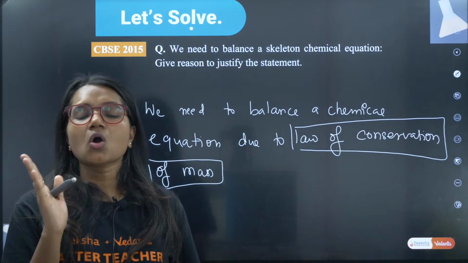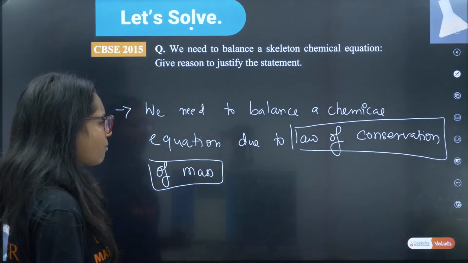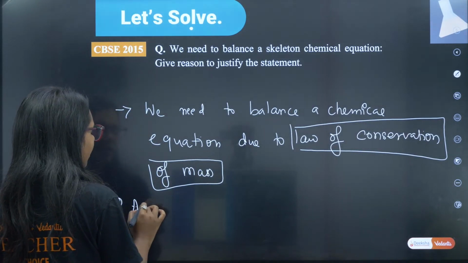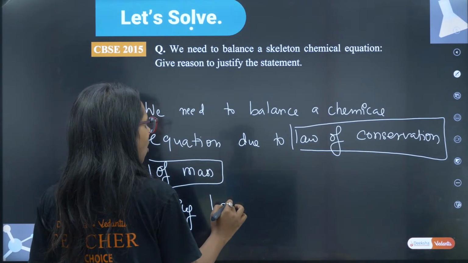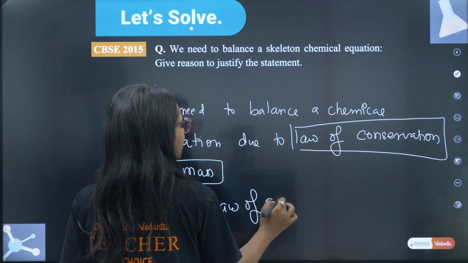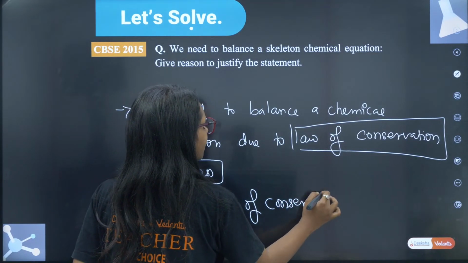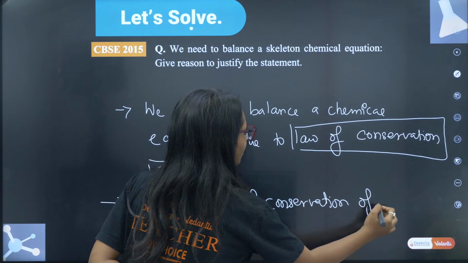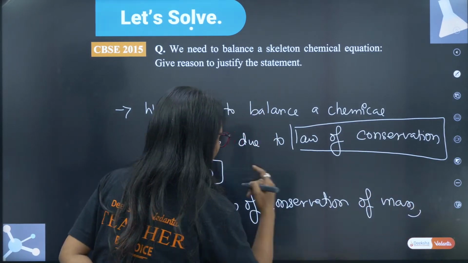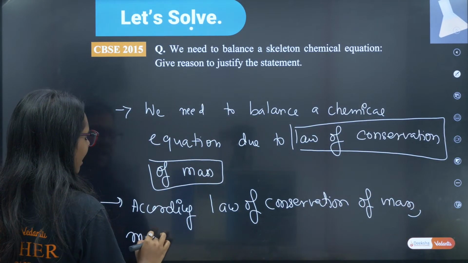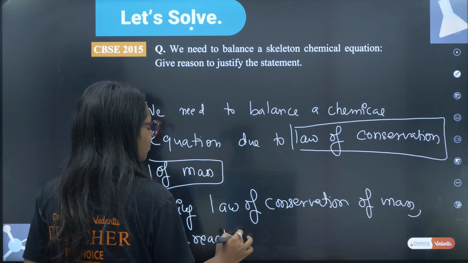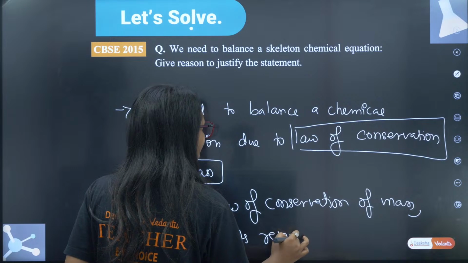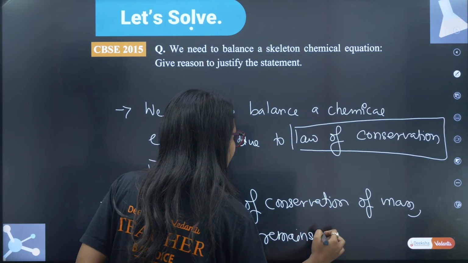Very good, Rohit. According to the law of conservation of mass, the mass of reactants remains equal to the mass of product.